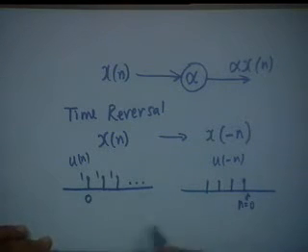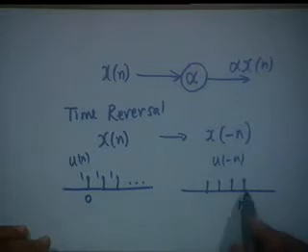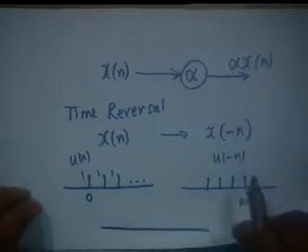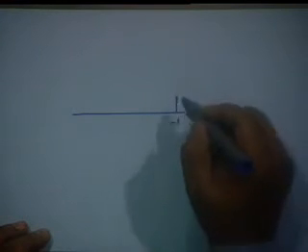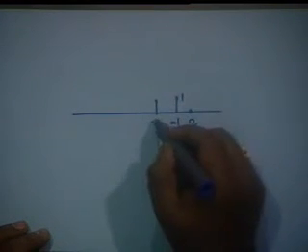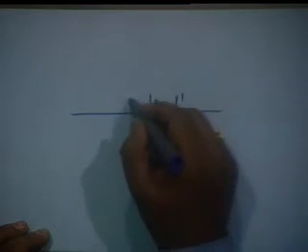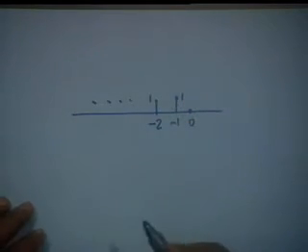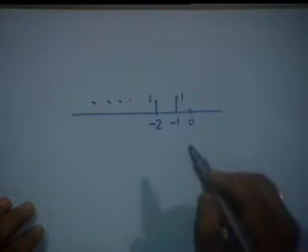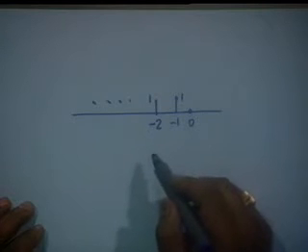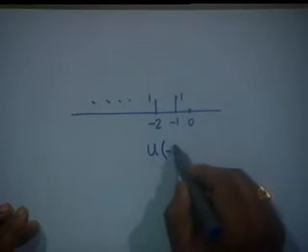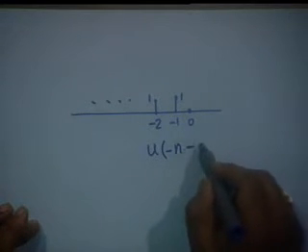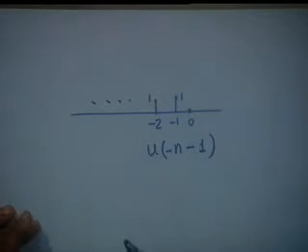Suppose I have a signal which does not start at 0, but it starts at minus 1, minus 2, and it is 1 on the left hand side. What would you call this signal? Can it not be u of minus n minus 1?